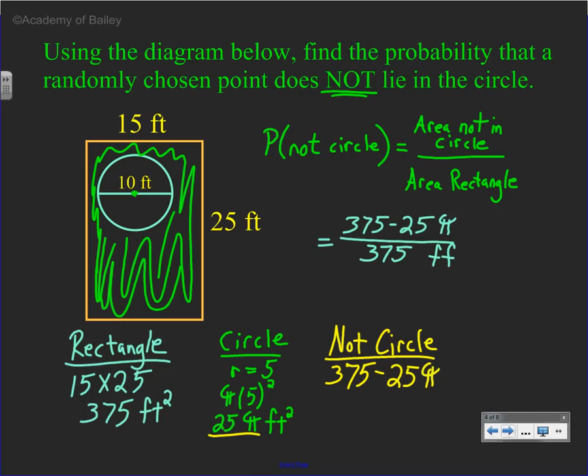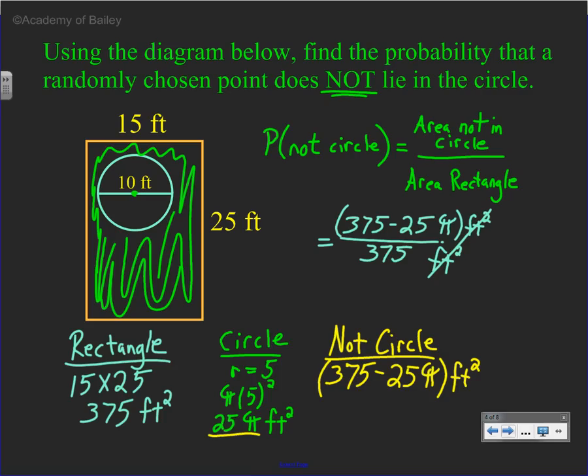And we know both of these are going to be square feet. I should have put square feet afterwards down here at the bottom. And the square feet cancel each other off.